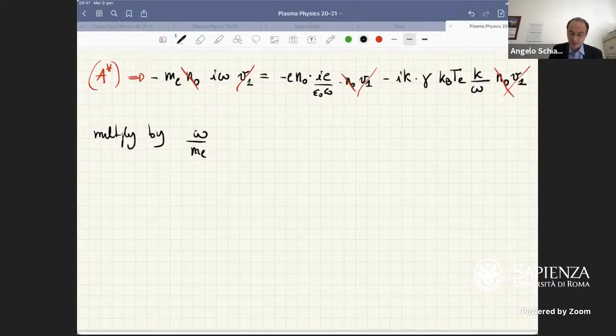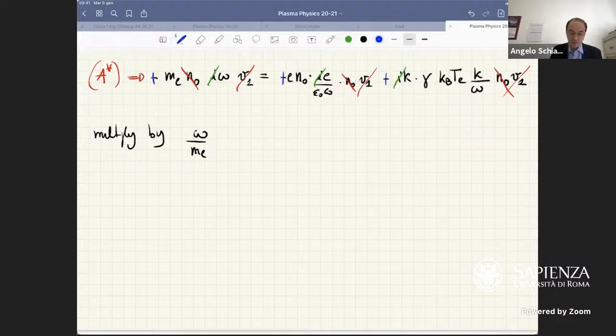And yes, before that we see another common term is i, the imaginary unit. We have it here, here, and here. Then we change side to everything. So let's use a different color because all the terms are negative. So we have plus, plus, we multiply by -1 both sides.